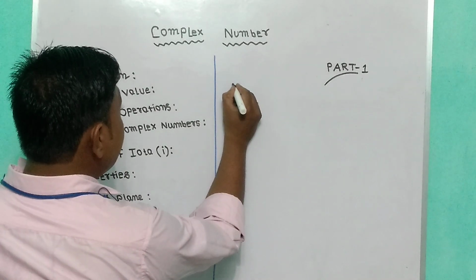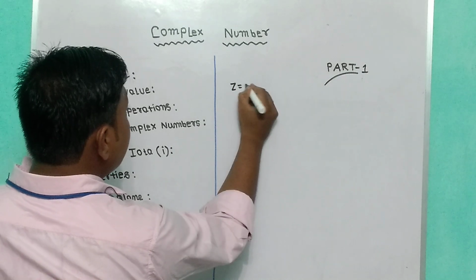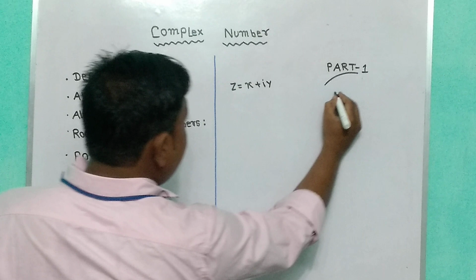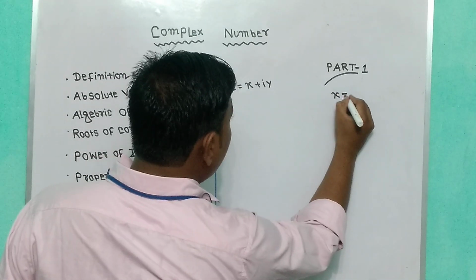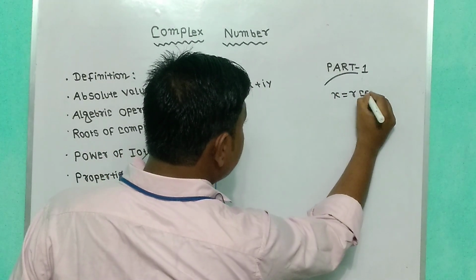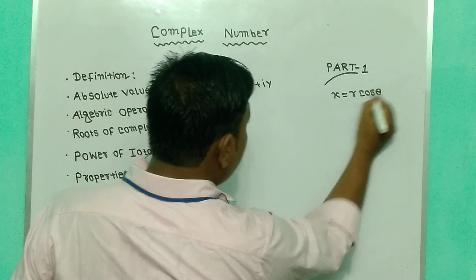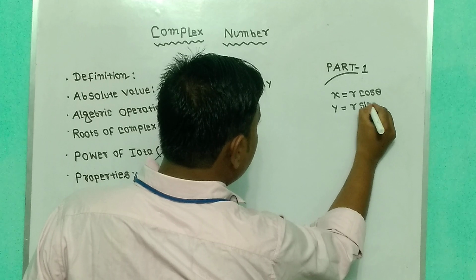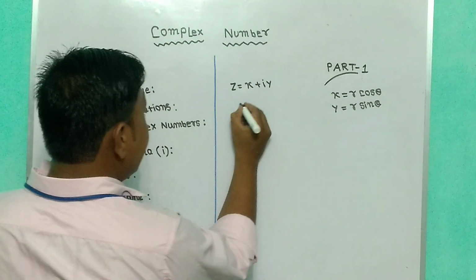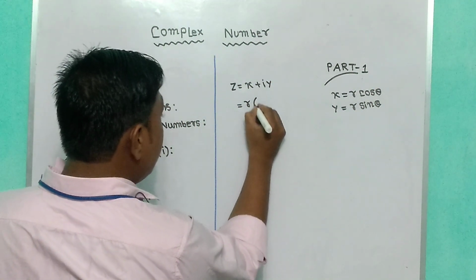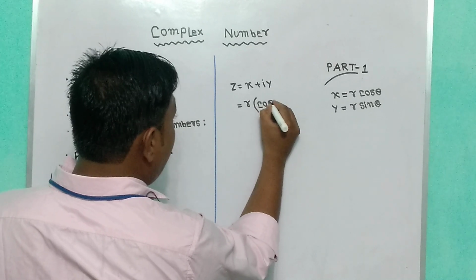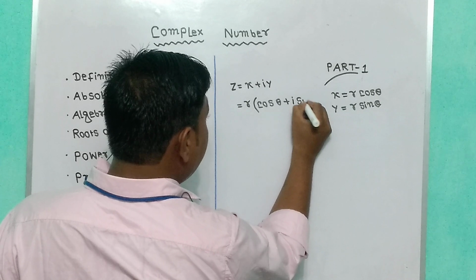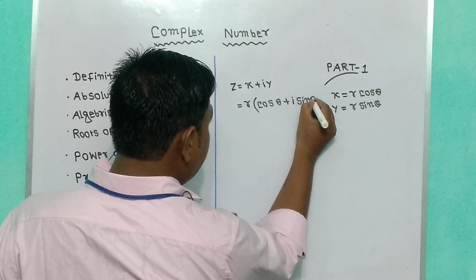See, z equals x plus iy. So we know, put x equals r cos theta, y equals r sin theta. So that means we can write here r times cos theta plus i sin theta. Clear? Cos theta plus i sin theta.